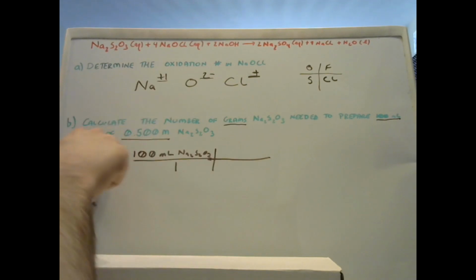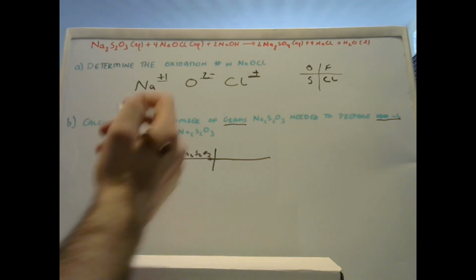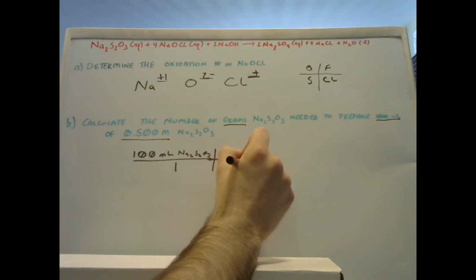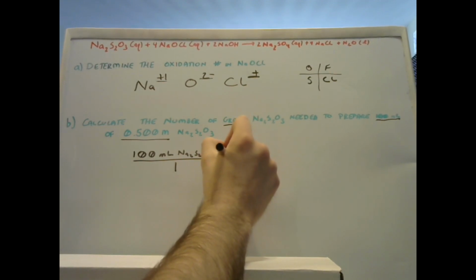Then we have this 0.5 molar. Well, 0.5 molar is moles per liter. So if I can have liters, I can find moles. So I need to translate this milliliters into liters.